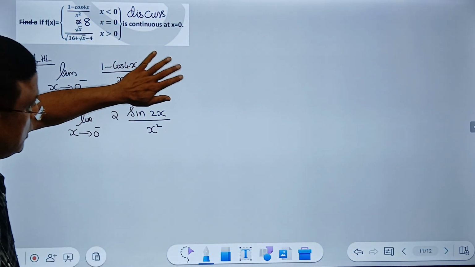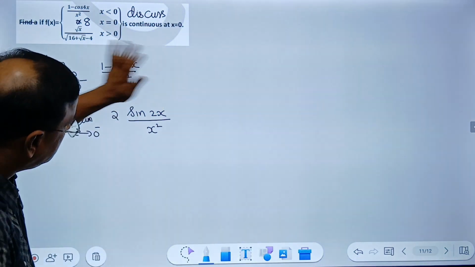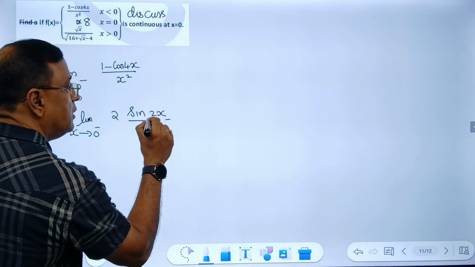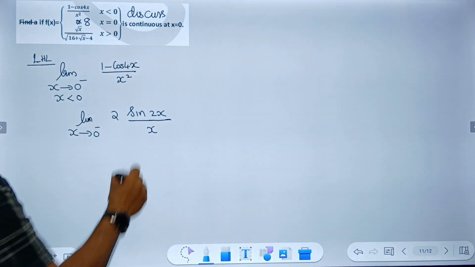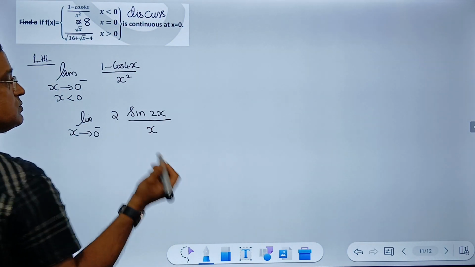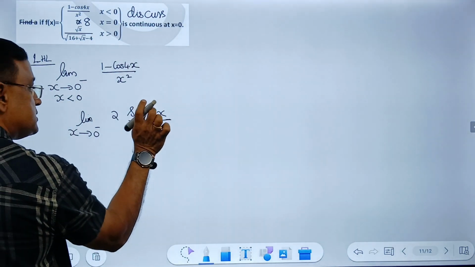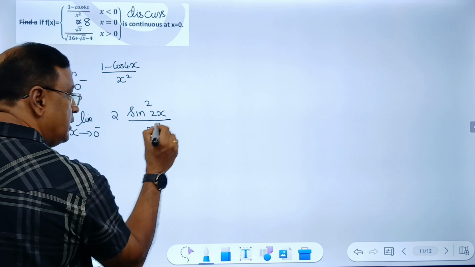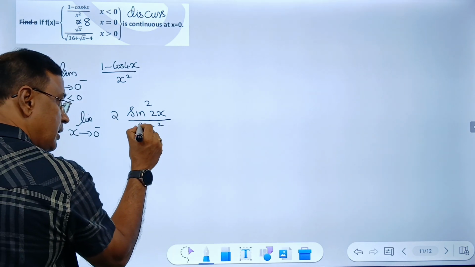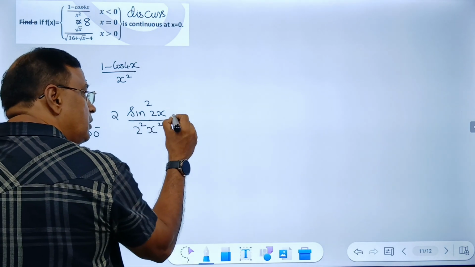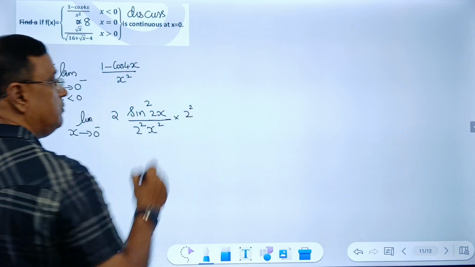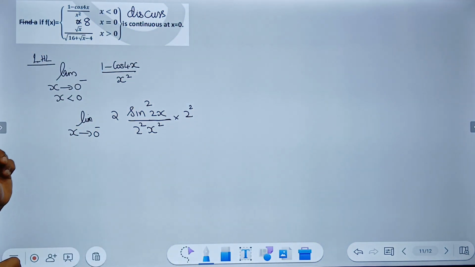If the square is not there, suppose let us assume the square is not there, what will I do? I would have written sine 2x by 2x is 1. But since it is sine square, I need to have 2 square. So I multiply and divide by 4.